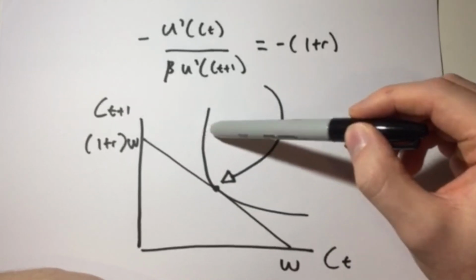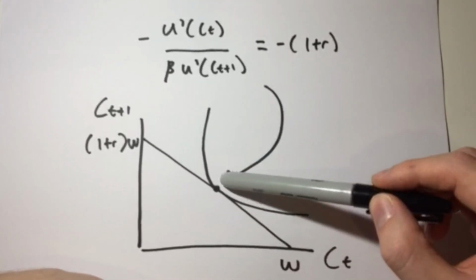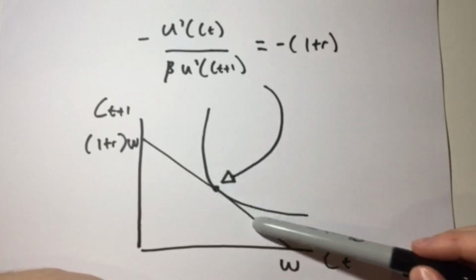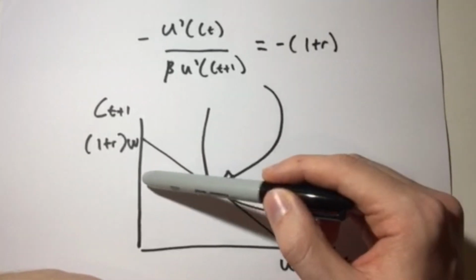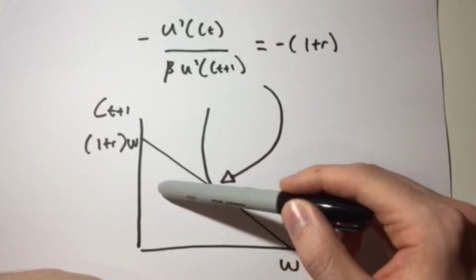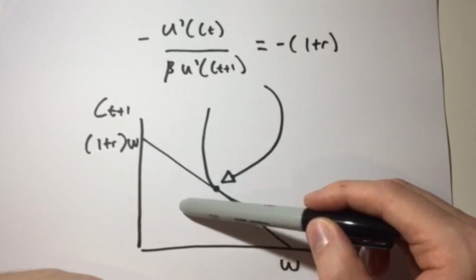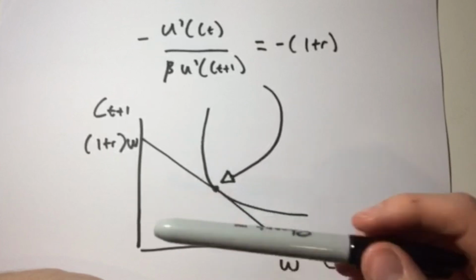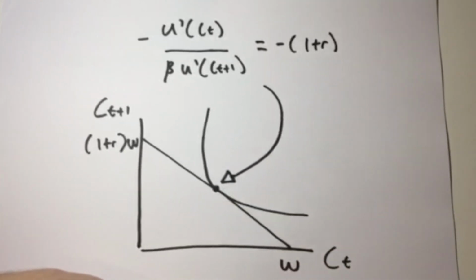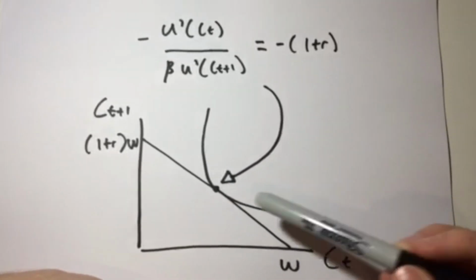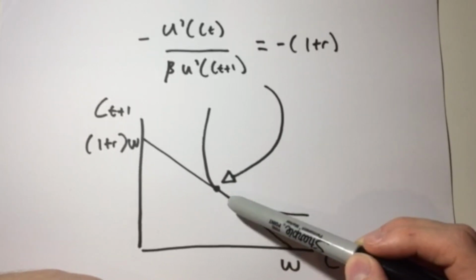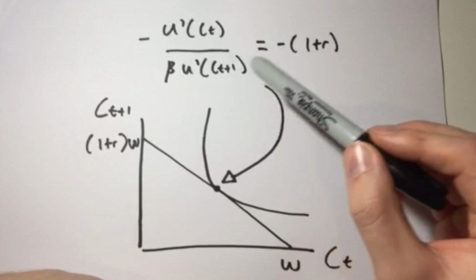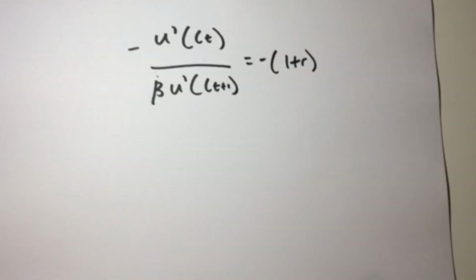We can't consume anything above this area because we're past the constraint, we're past this line. We can consume less than what we earn down here, but we don't want to do that. We want to maximize our consumption given what we earn, given our constraint. So that means we are at this point here maximizing our utility given the budget constraint.